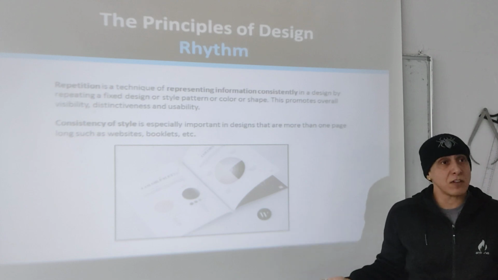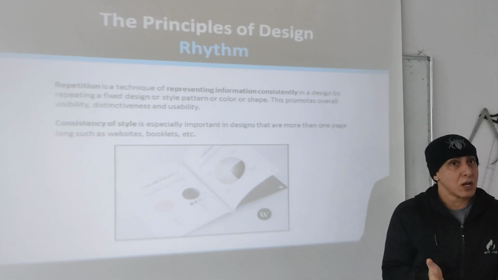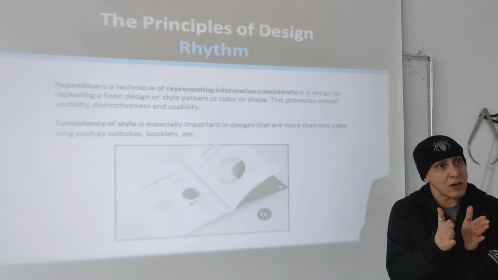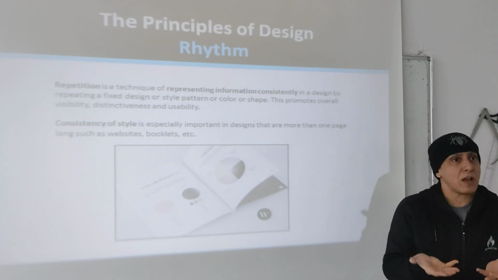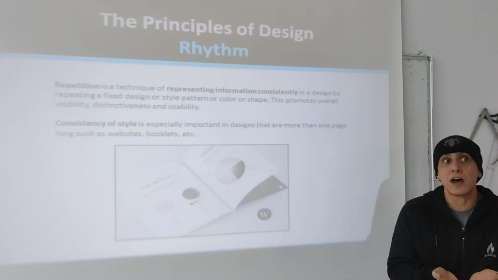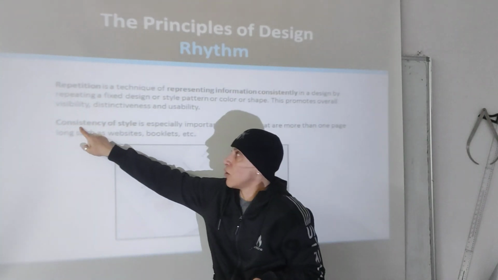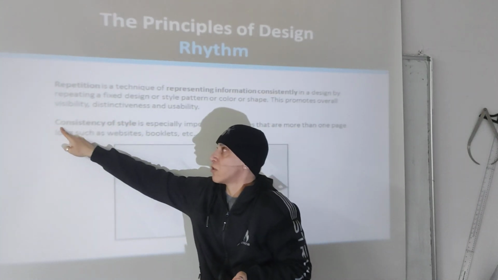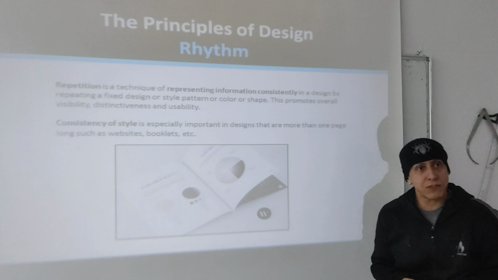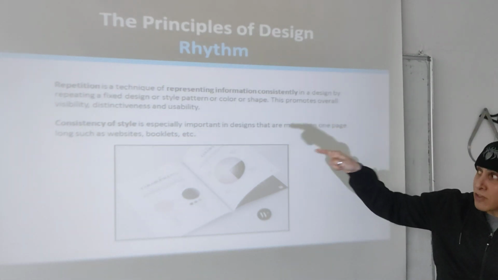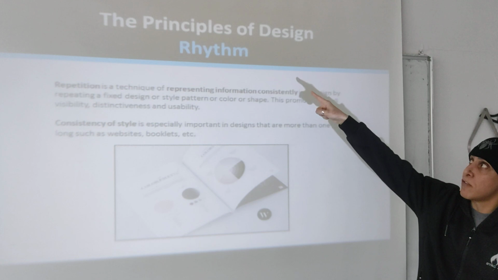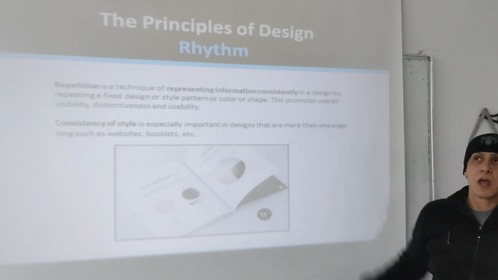Like in this class, in one of the projects, you will have to write and design a report that has many pages. Now, how do you design this? It must have consistency of style. This is a very important word. Consistency of style. And you can create this by including the principle of design rhythm.